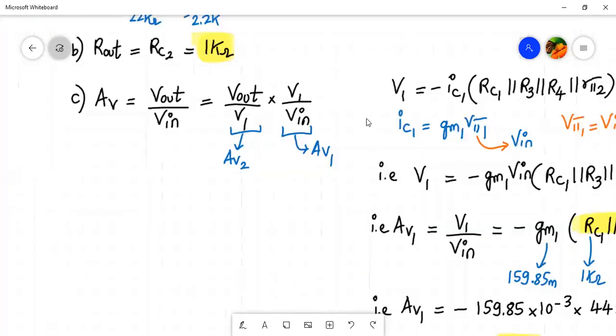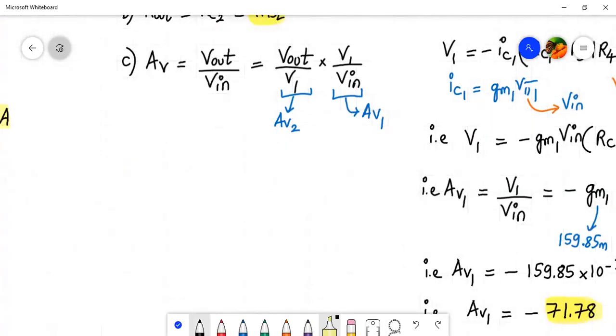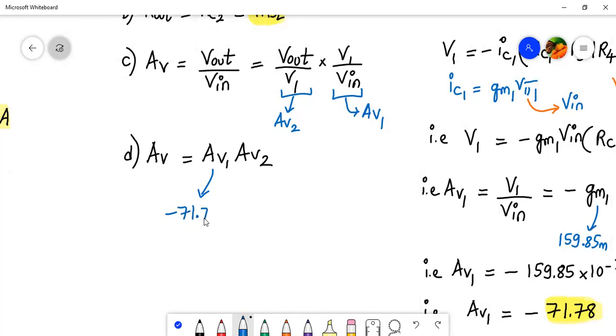The value of the first stage gain is around minus 71.78, and the second stage gain value was around minus 159.85.